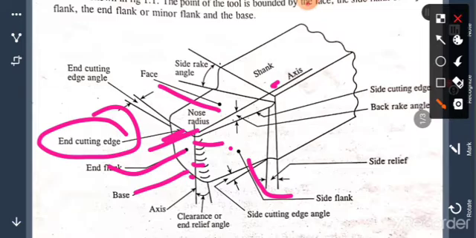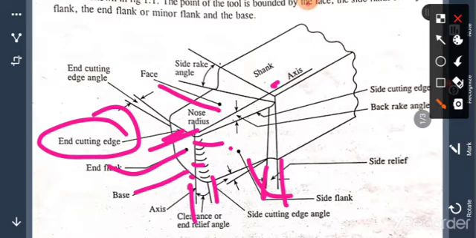And two or three angles you must remember: the side relief angle, the clearance angle, and the side rake angle. While you are working on the machine you must know the angles, because when the tool gets blunt you need to regrind it. For regrinding you must know the tool geometry.